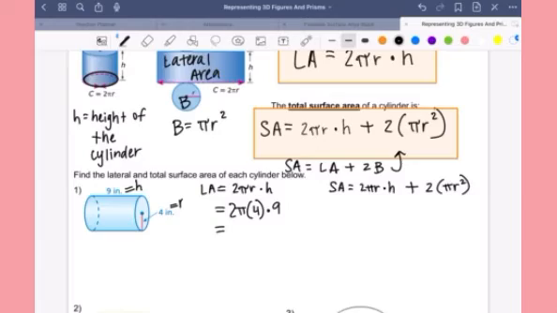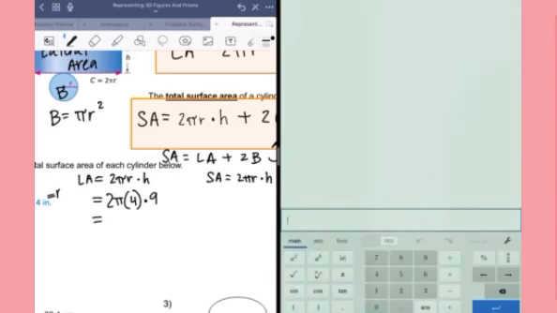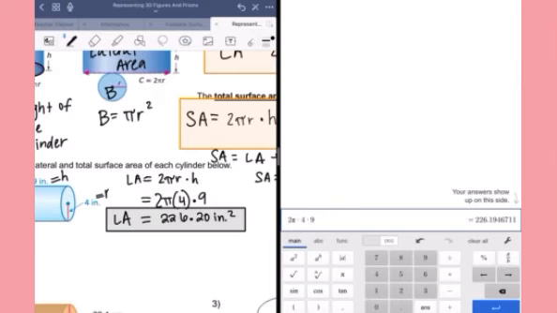We would type that into Desmos. So you would open up Desmos. 2 pi times 4 times 9. And we're going to round to the hundredth. So the lateral area equals 226.20 inches squared. Okay.